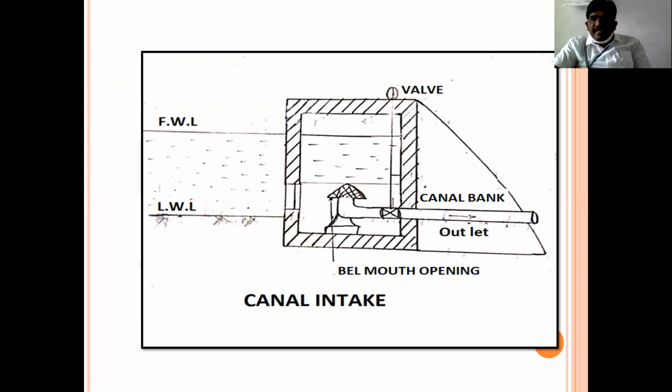the canal. Understand? This is the brick chamber which we construct at the banks of canals, and through this brick chamber, there is a screener. It stops the entry of unwanted particles that float along with the water. This screener acts as a guard to avoid the entry of all floating materials.